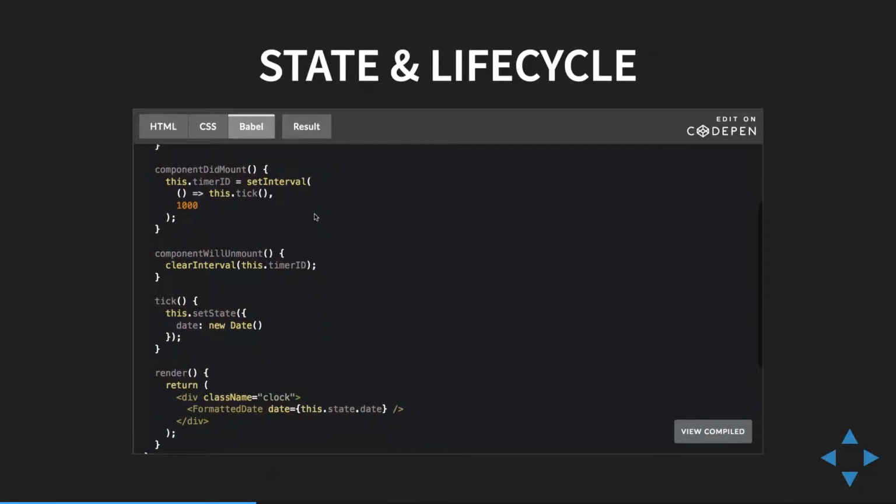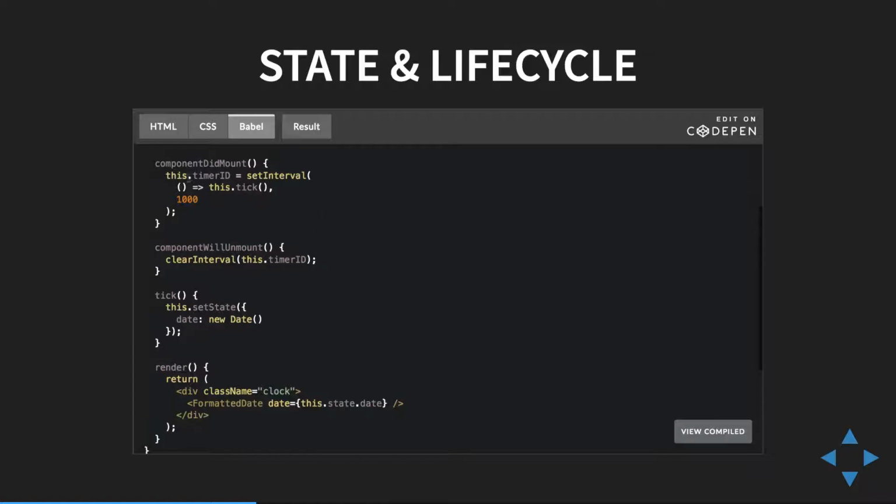And then we have these helper methods, componentDidMount and componentWillUnmount. So basically what this is saying is once the component has mounted, or been rendered to the view, execute this script. So this is a tick timer with a set interval.